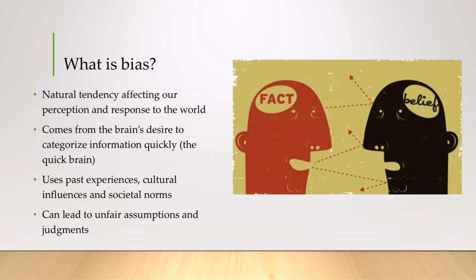While this helps us to navigate the world more efficiently, it can also lead to unfair assumptions and judgments about people or situations. For example, if you have a negative experience with a particular type of food, you might avoid it in the future, even if it was just a one-time issue. Recognizing and understanding bias is crucial for making informed, objective decisions.